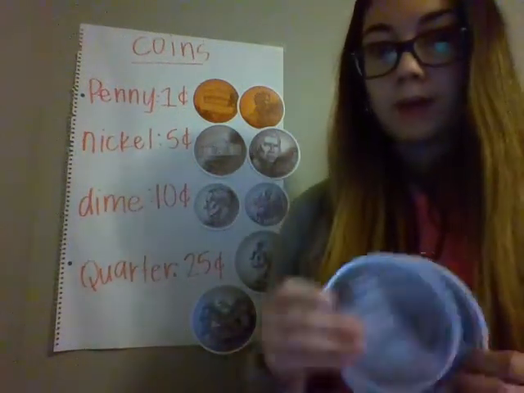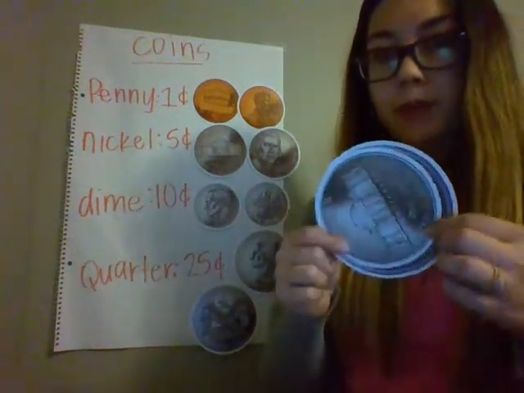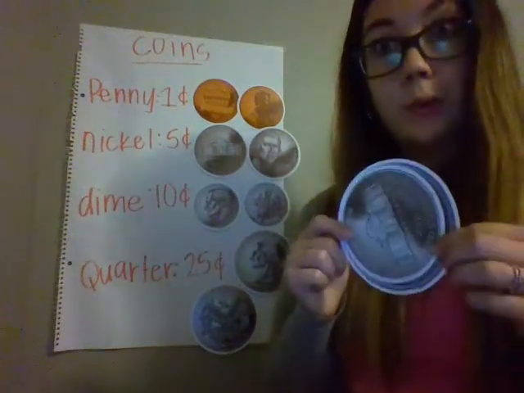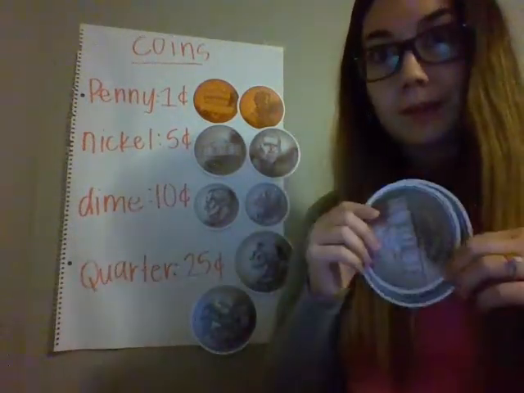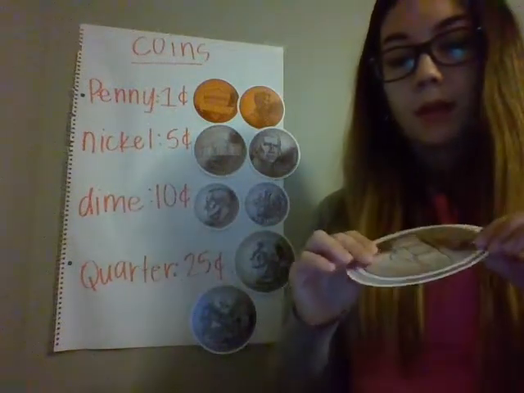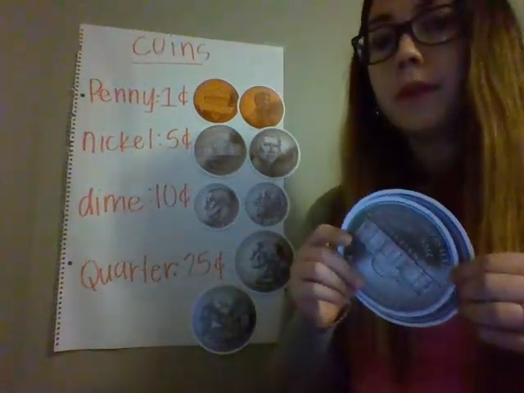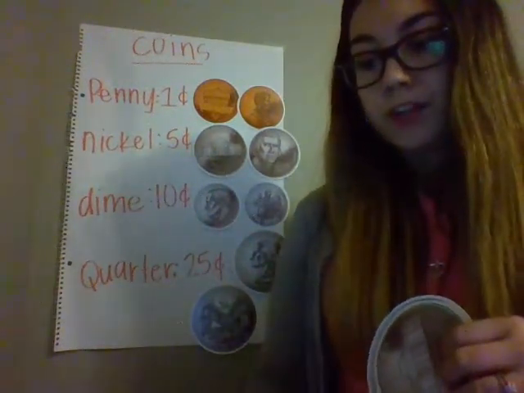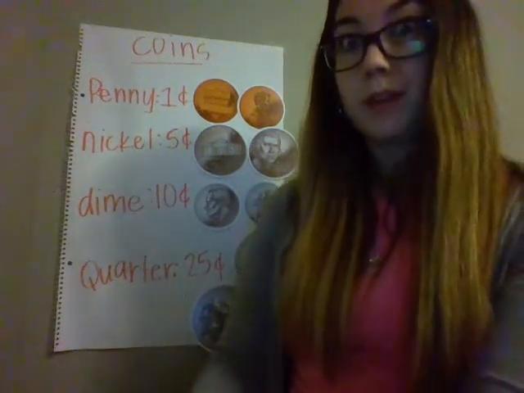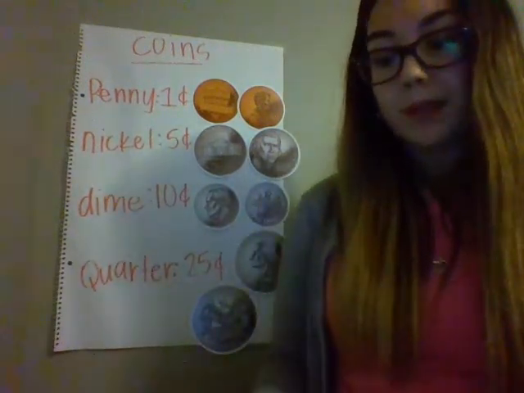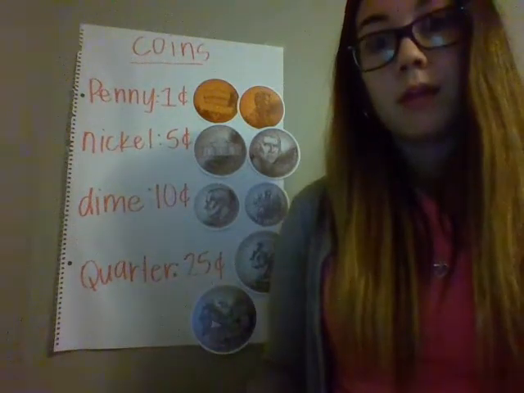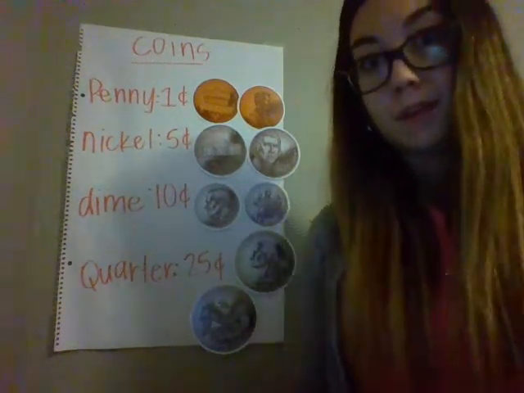I can take a quarter and a dime. My quarter's a lot bigger than my, not dime, nickel. Huh. Maybe I need to go practice my coin names too. Our quarter's a lot bigger than our nickel. So when you finish this video, if you're able, I would really try to get your hands on some coins and maybe look at them in your hand so that you can really see the different sizes.